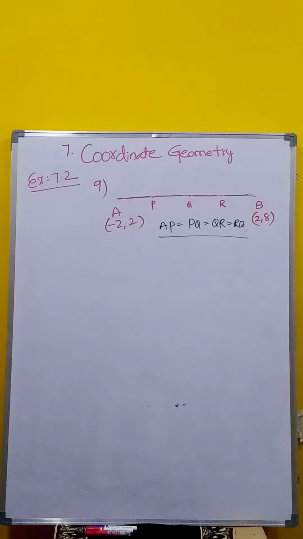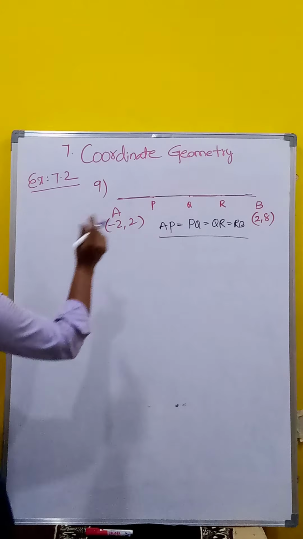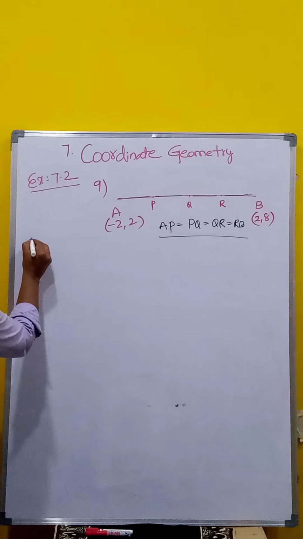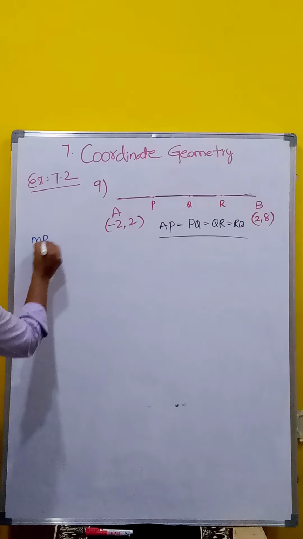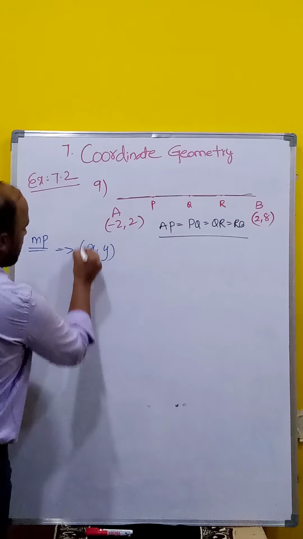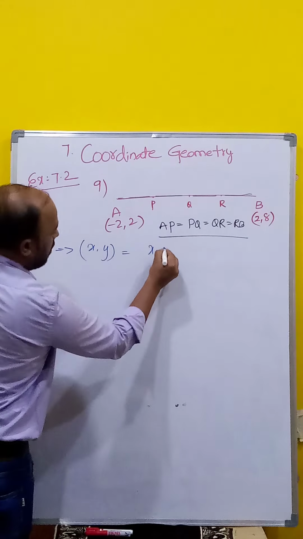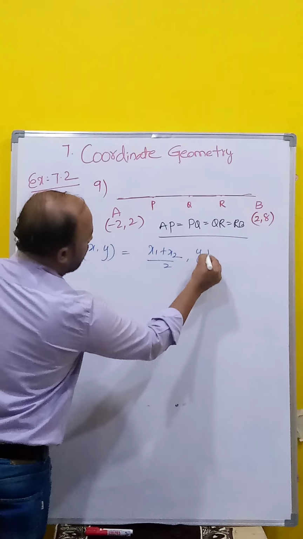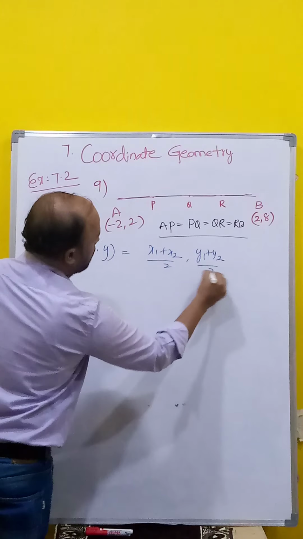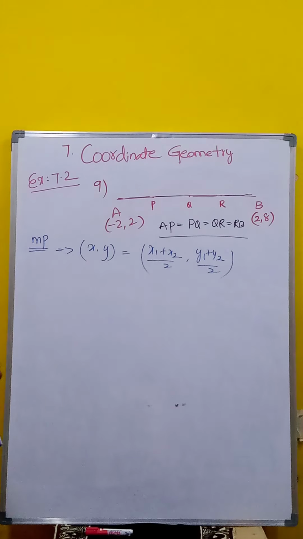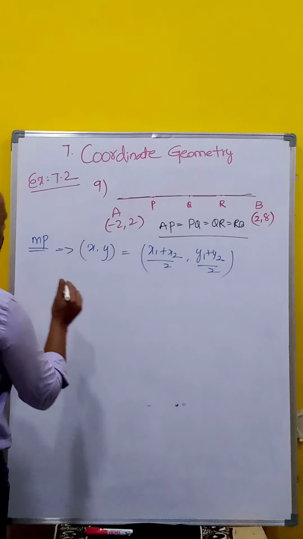The midpoint formula. First we have to find Q coordinates. We know the midpoint formula: x comma y is equal to x1 plus x2 by 2 comma y1 plus y2 by 2. For all things we have to use the same formula.